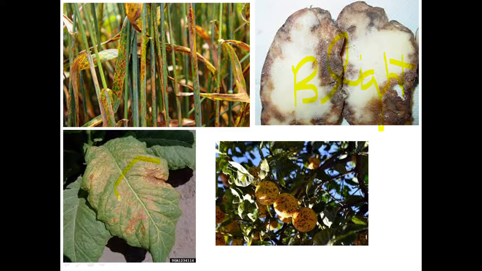This is the tobacco mosaic virus. Tobacco mosaic virus causes this mosaic disease in a tobacco plant. This is happening in the citrus canker. Okay, you can see here. So these are the diseases caused by bacteria or microorganisms or virus to the plants and to the animals.